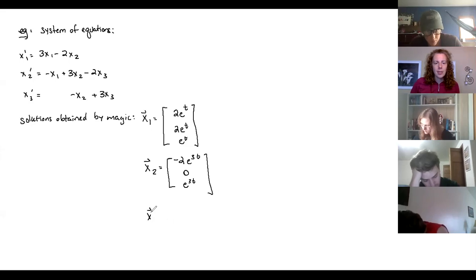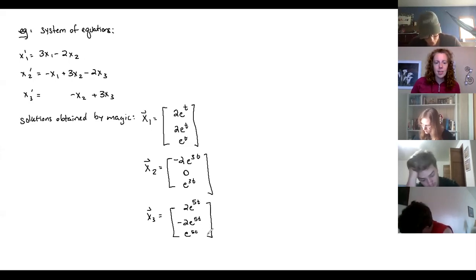And vector x3 is going to be 2e to the 5t, negative 2 e to the 5t, e to the 5t.